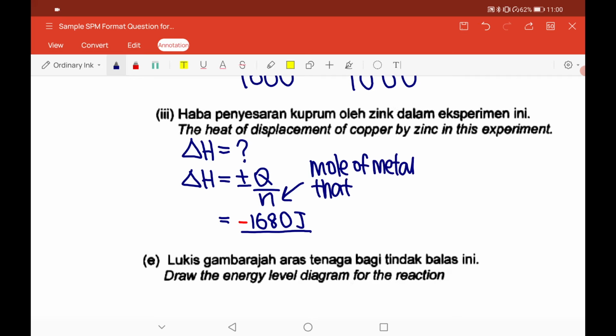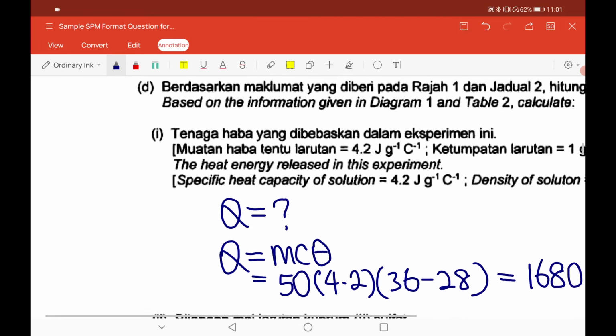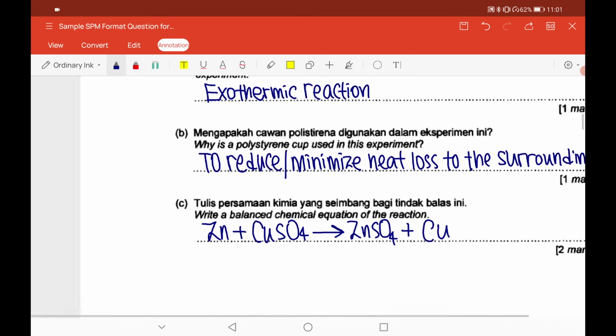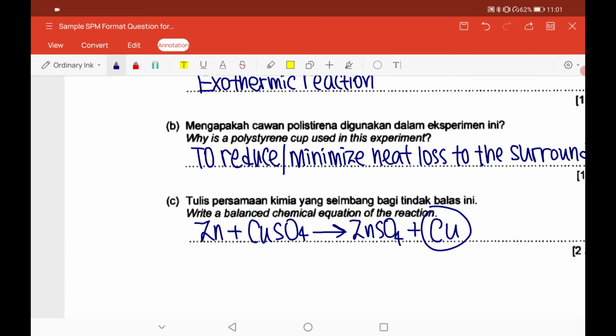By referring to the equation here, we know that we want to kick out the copper. So we want to find the mole of copper.